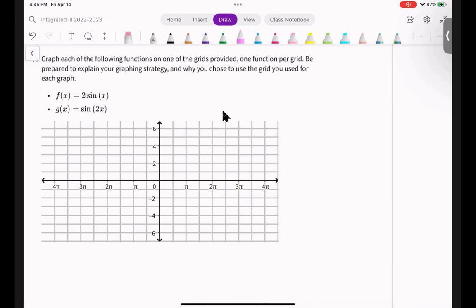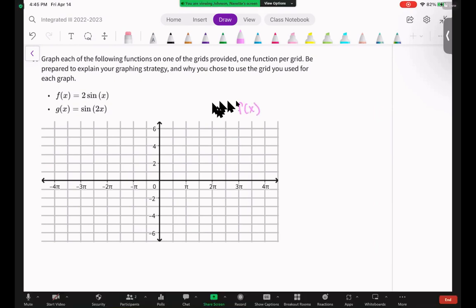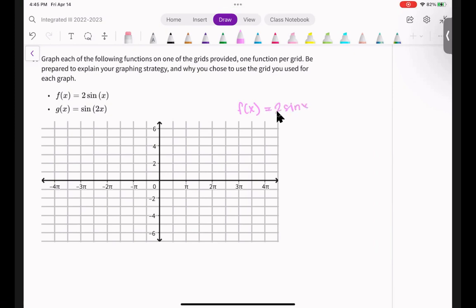Okay, so now that you're back, when I graph 2 sine x, this is going to be f of x, equal to 2 sine x. The way I do this is I'm just going to plug 0 in. So I go 2 sine of 0. And what is that equal to? When I plug in 0, what do I get out?